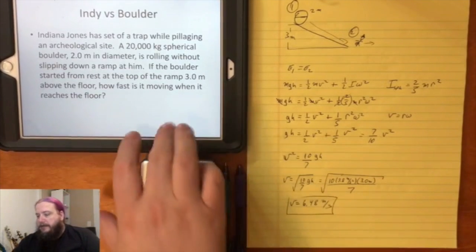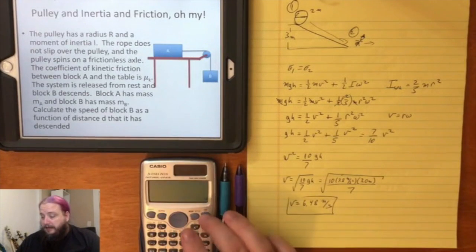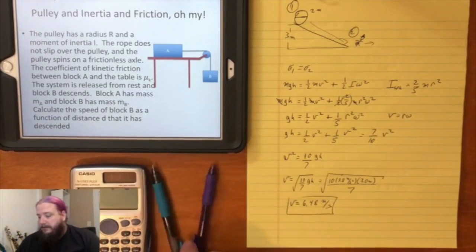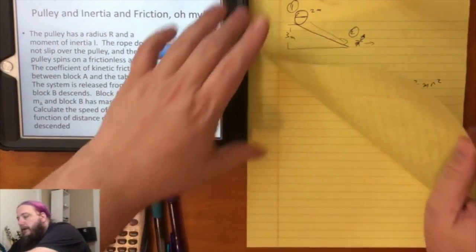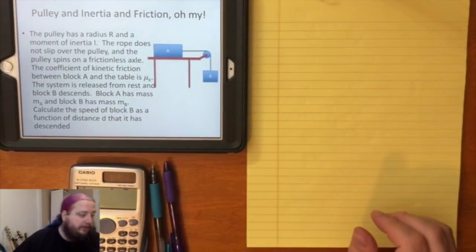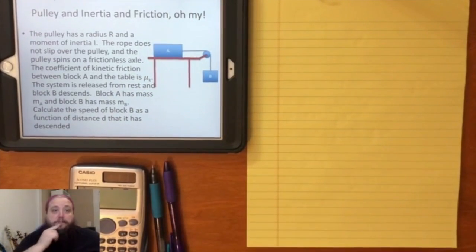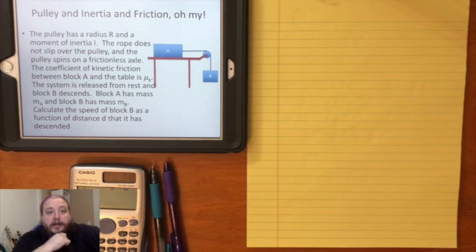All right, next we'll do a slightly more complicated example that will remind us of some other things that we have learned during the semester. So this one says, the pulley has a radius r and a moment of inertia I. The rope does not slip over the pulley, so we have a turning without slipping condition.